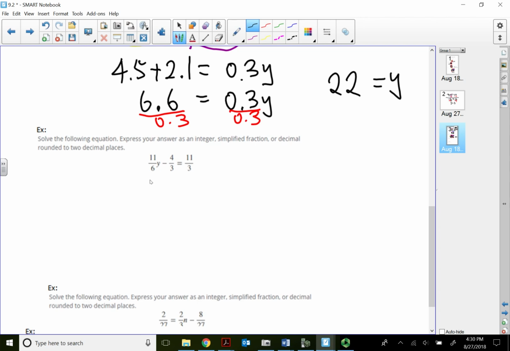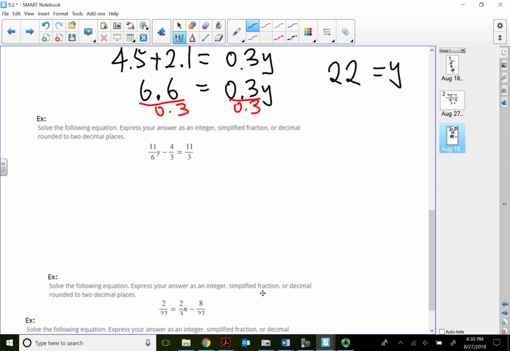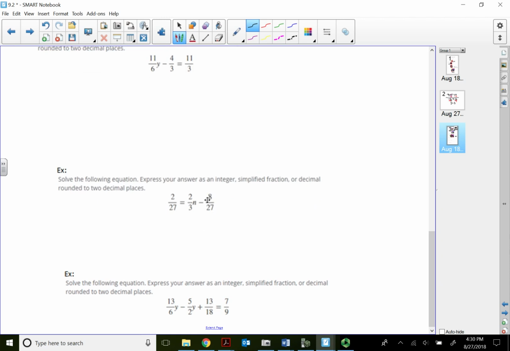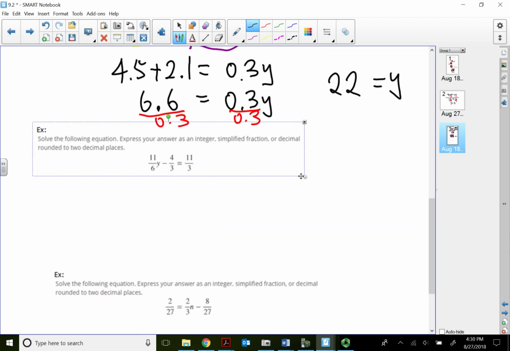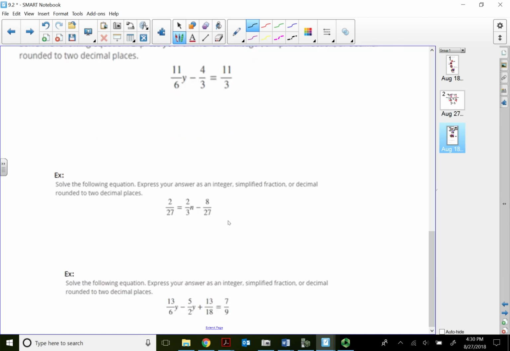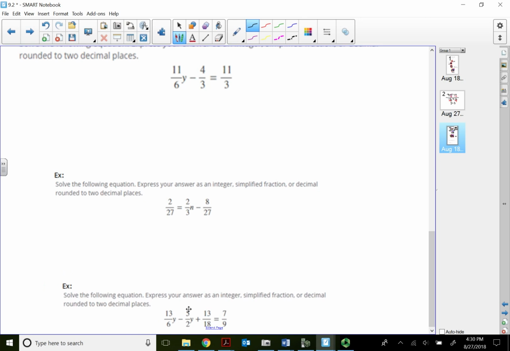We will do a lot of clearing the fraction. All right, so let me just refresh your memory on this. For this particular problem, I'm going to show you how to deal with the fractions because this is not a very complicated equation. And I'm going to show you how to clear the fraction with this longer one down here.